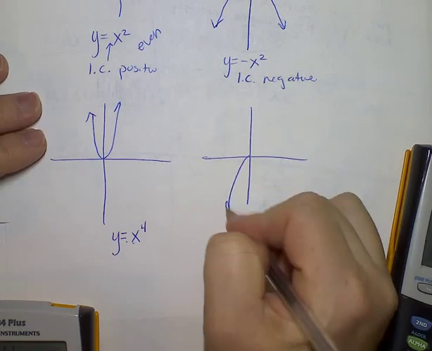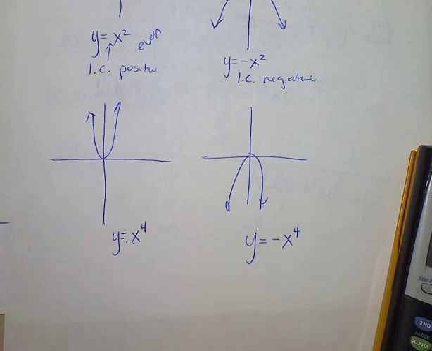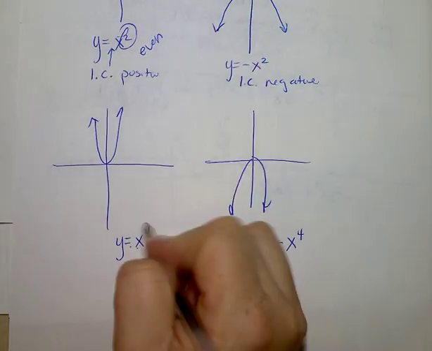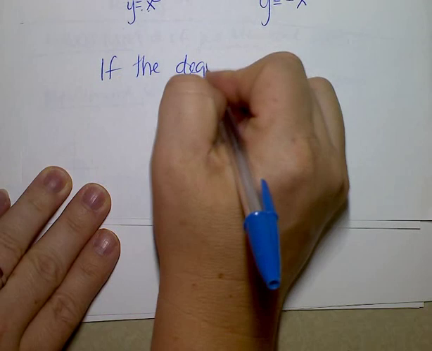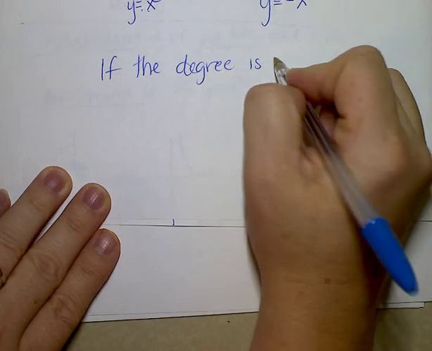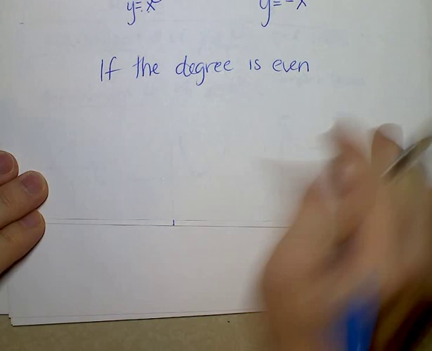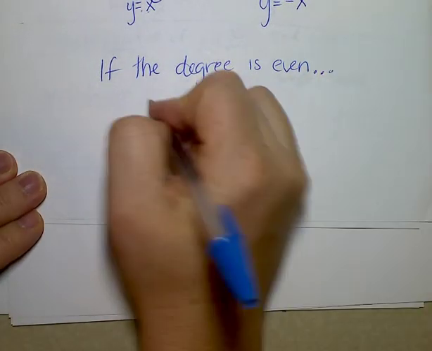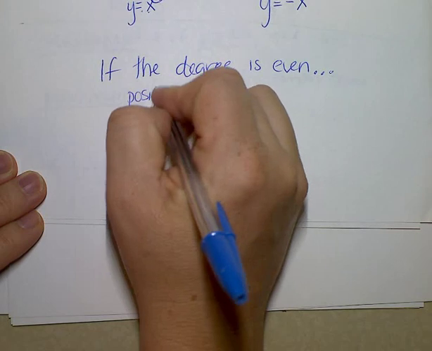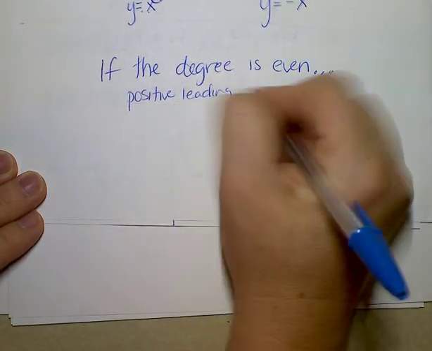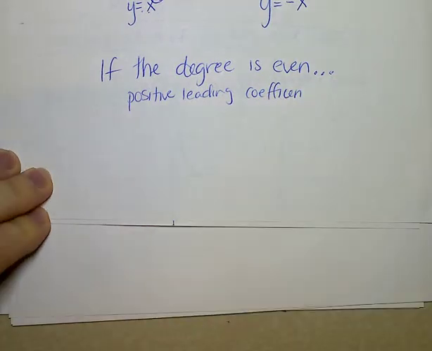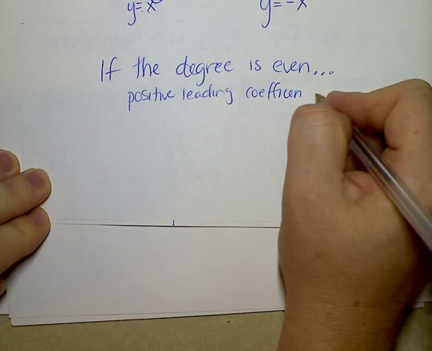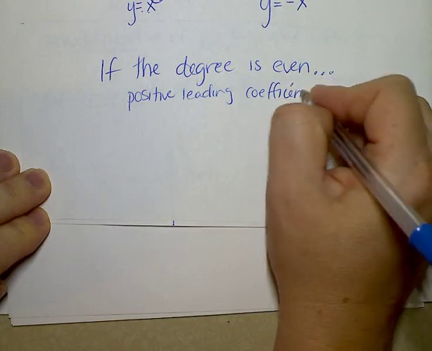So here's the thing. You ready? Please listen closely. We can make an assumption here. If the degree, you are putting this on paper, is even, and we have a positive leading coefficient, so hopefully I'm spelling that right, I-C-I-E-N-T.